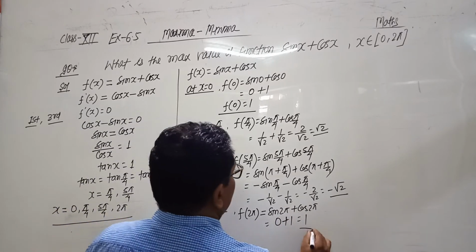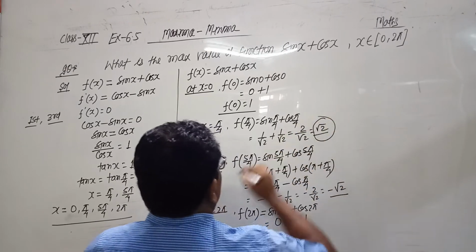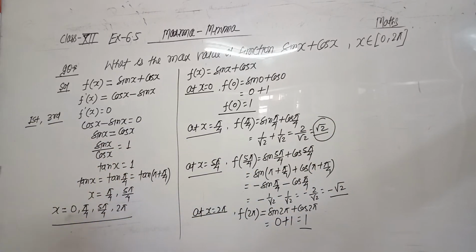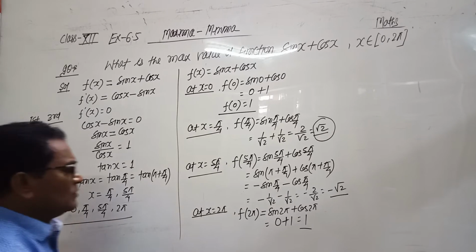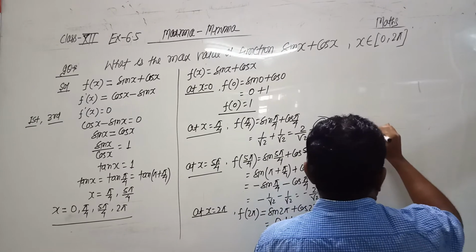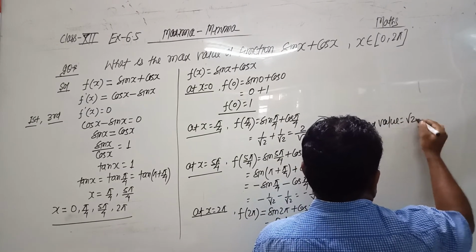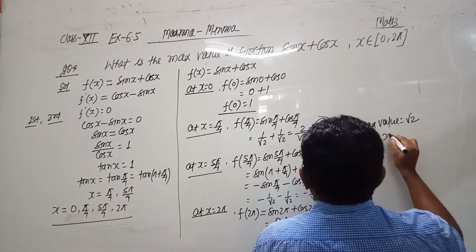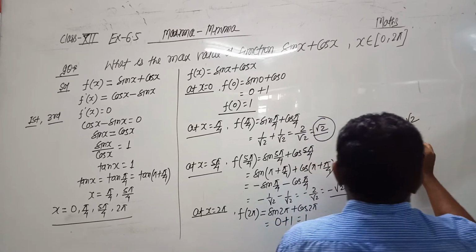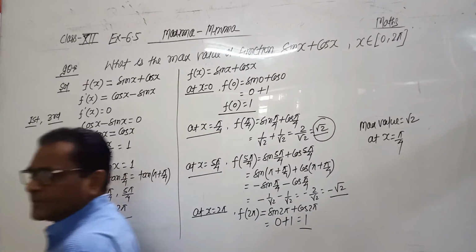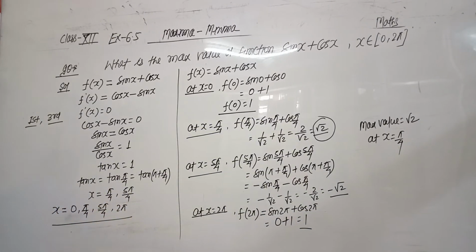So the maximum value obtained is root 2, which is found at x equals pi by 4. So the maximum value of the function is root 2 at x equals pi by 4.